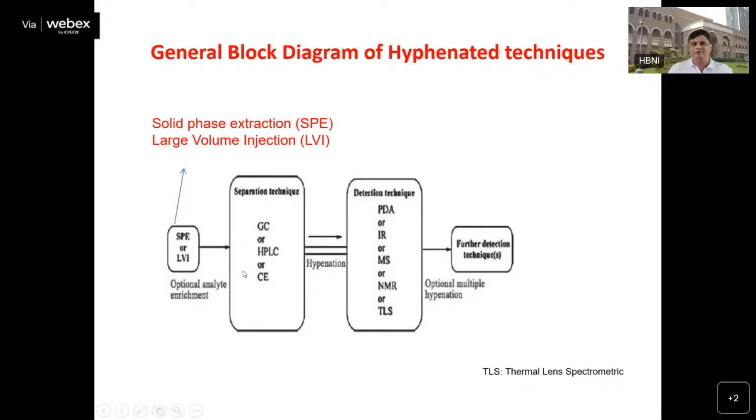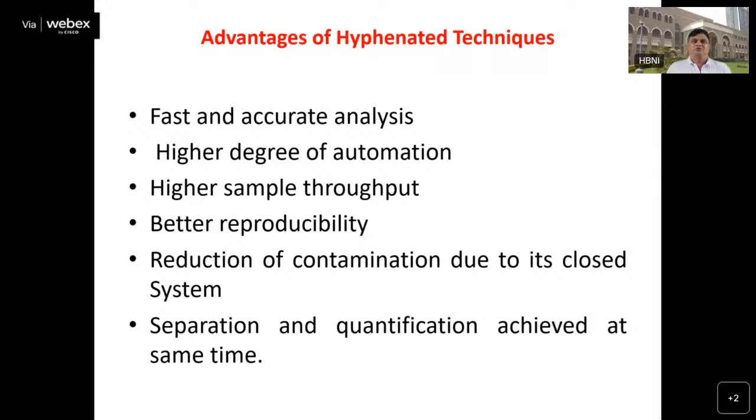Before feeding your sample to GC or HPLC, or CE, meaning capillary electrophoresis, it can be treated using solid phase extraction or large volume injection for pre-concentration. After the pre-concentration, you put it into the separation technique, and after the separation, it goes into a detection technique. The detection technique can be PDA, infrared, mass spectrometer, NMR, or thermal lens spectrophotometry. Then there is optional multiple application, that is, the detection technique can be further hyphenated, as we have seen in the case of MS-MS.